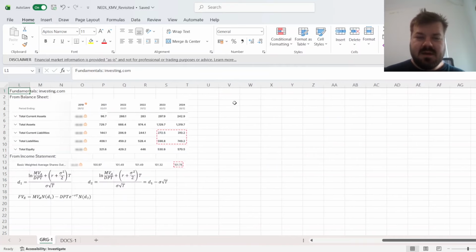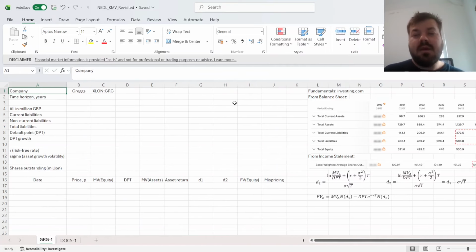My name is Sava, and today we are yet again revisiting the KMV model, which is a very famous and popular structural credit risk model that allows to predict corporate defaults using market data and fundamental data from publicly listed corporations.